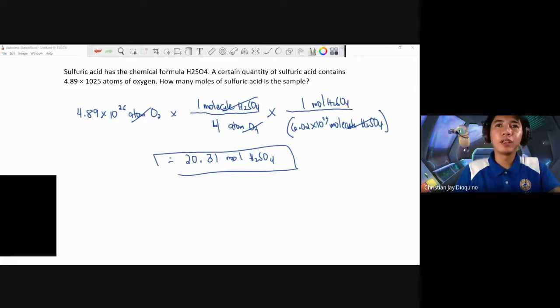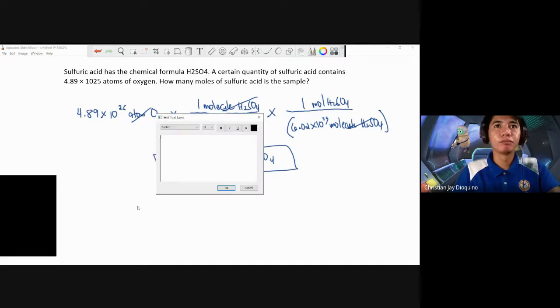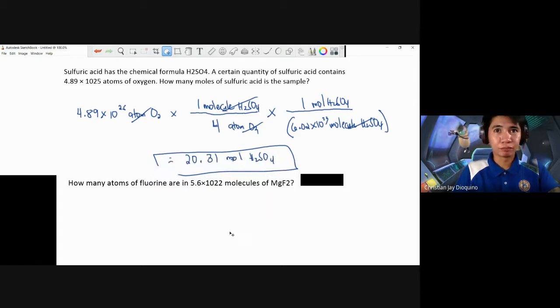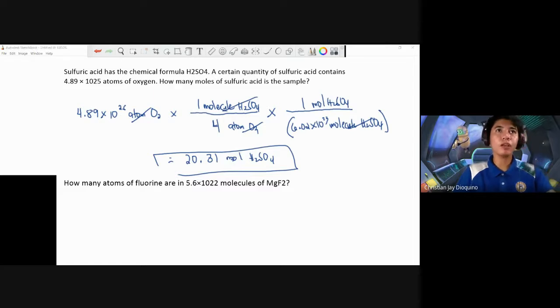Okay, so how about this one? The question here is how many atoms of fluorine are there in 5.6 times 10 raised to 22 molecules of magnesium fluoride?